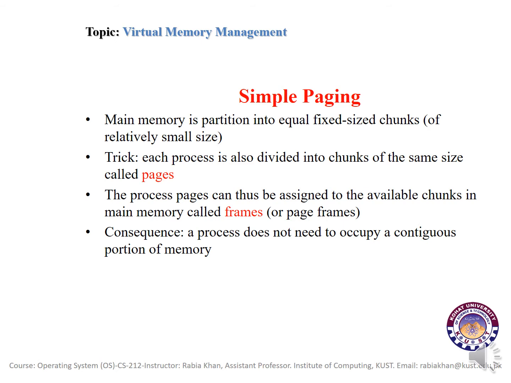Wherever a free frame is available, a page gets loaded in it, and hence all the pages of a process must not be in sequence or contiguous. As you can see, the last point says, if a free frame is not present in sequence, any frame can be occupied by a page anywhere in the memory.